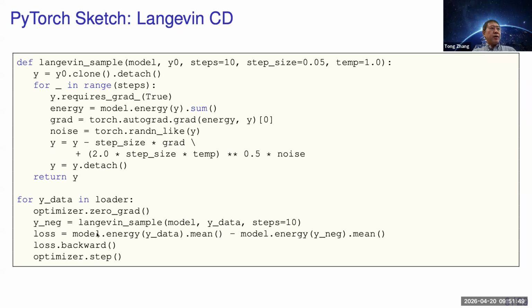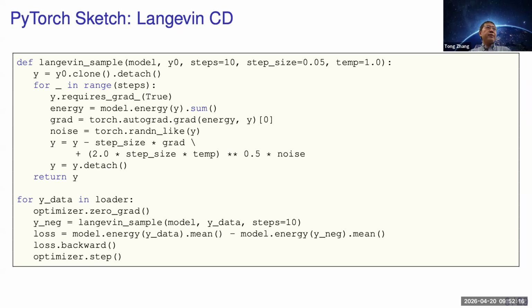And then your loss is this guy, right? It's the energy of the true data minus the energy of the negative data. So that's what it is. This is the PyTorch implementation, which is essentially identical to the one we talked about earlier.